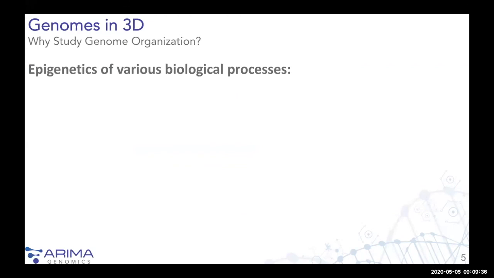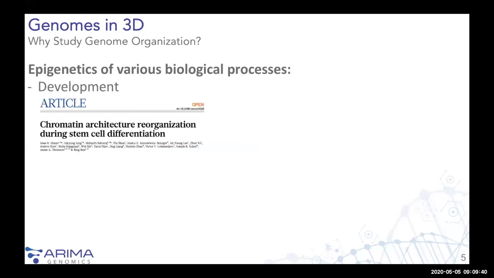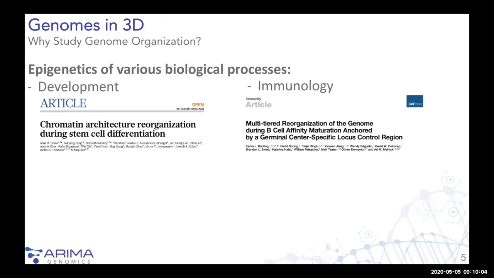We're gonna hear some really exciting stories here in the near future, but it's been very well studied over the past 10 years or so, just using Hi-C type of techniques alone, but way before that. A couple examples here would be in the context of development. Here's a study by Bing Ren in human ESC differentiation using genome-wide Hi-C.